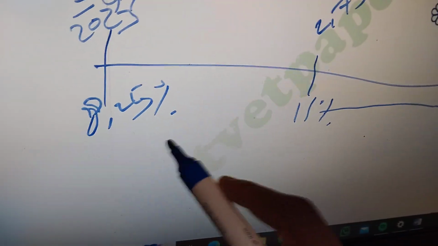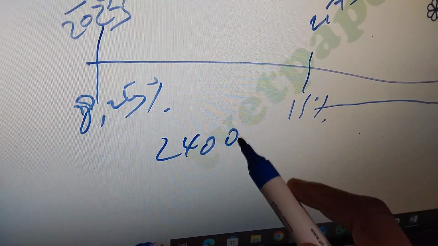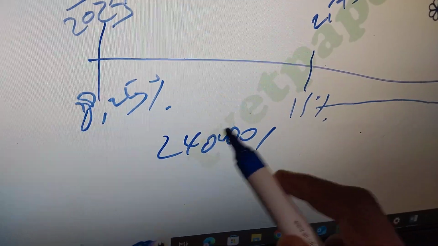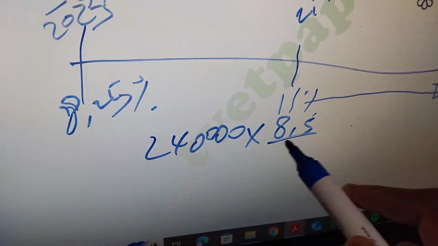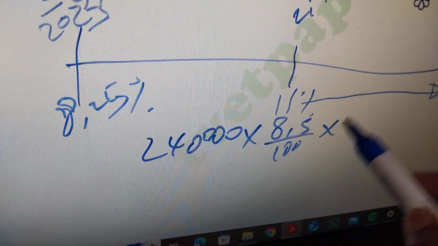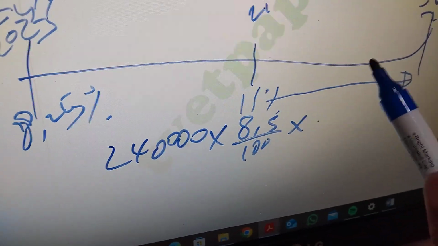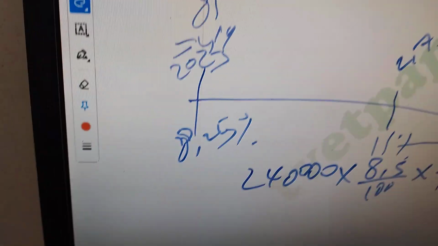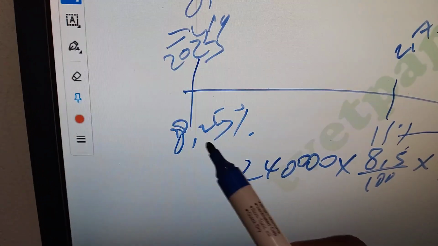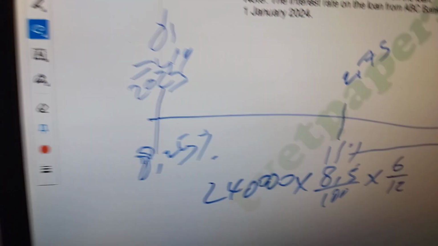So 240,000 multiplied by 8.25 over 100, multiplied again by 6 over 12. Why do I say 6 over 12? Because this 8.25 was not there for the whole year.